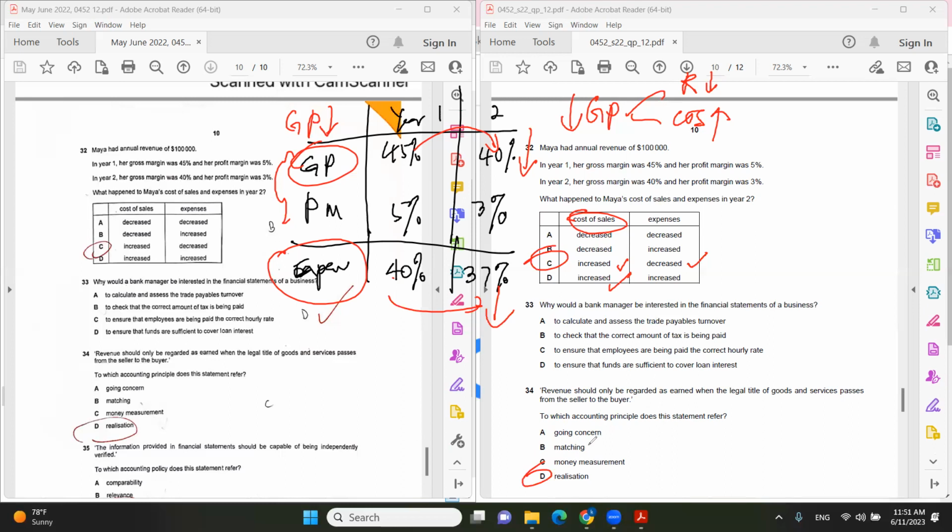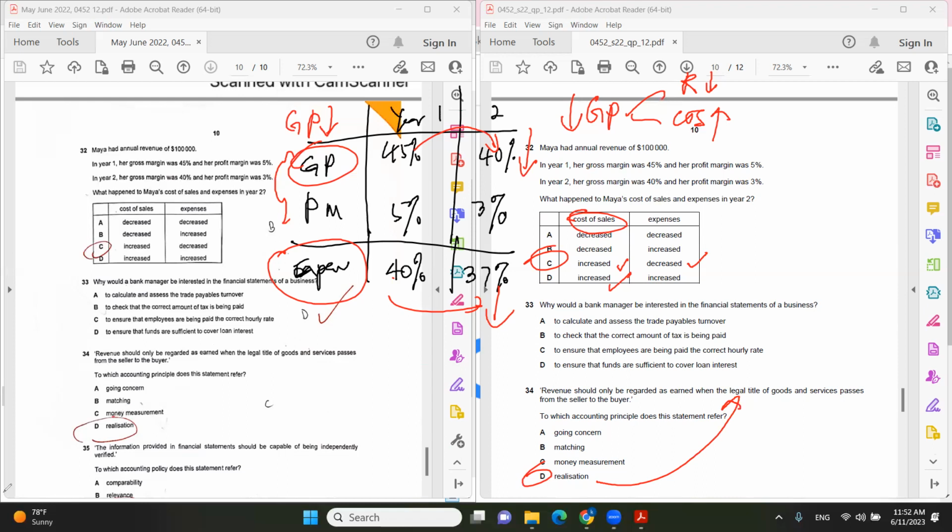Matching concept is about the costs or expenses incurred being matched to the revenue earned. Money measurement means the recording in accounting must have a value. We cannot record based on assumption or personal opinion; it must be based on a document and have a value. Realization is about when we recognize the sales and when we recognize the inventory.